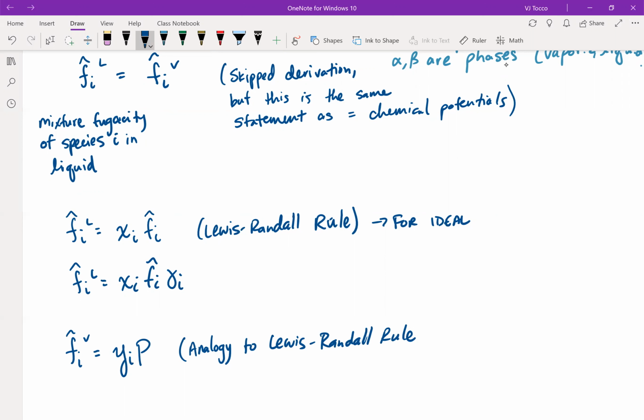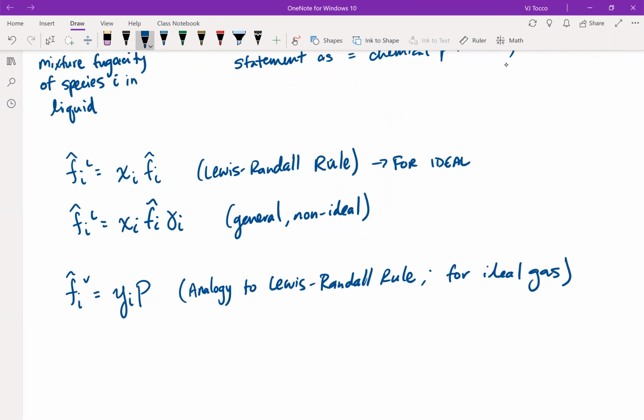And this is again for an ideal gas. So I'll also say that this is in general. So this is for general non-ideal because I added the activity coefficient. Remember, the activity coefficient captures deviations from ideal conditions. So if the activity coefficient is 1, then I've got back ideal conditions.